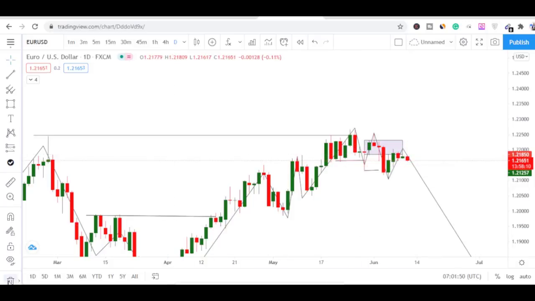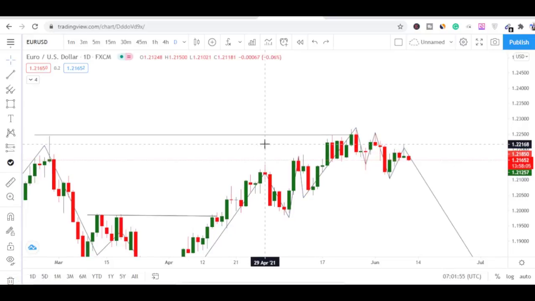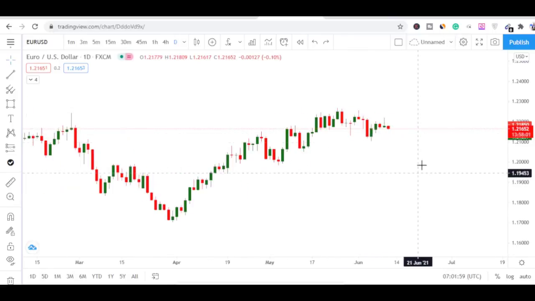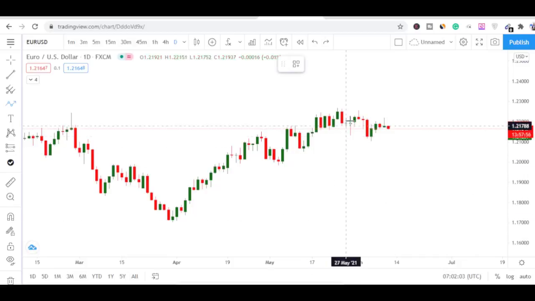So what I want to do now is this. First, we just have to mark up the last swing. Like I said, the last swing point is this. Let's use our brush tool.